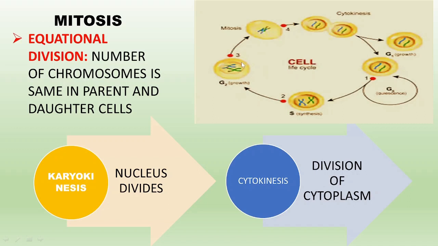In G2, there is formation of the proteins, growth of the cell, and then it enters the mitosis. In mitosis, what will happen first? It will be karyokinesis. The nucleus will divide into two, followed by division of the cytoplasm. So this part we are going to talk about today. The rest of this part we had already discussed in the previous lecture.